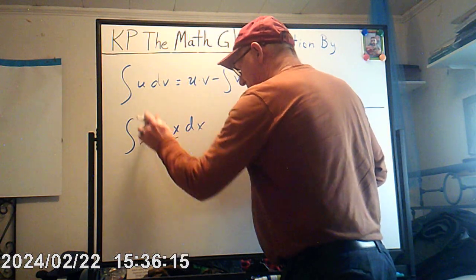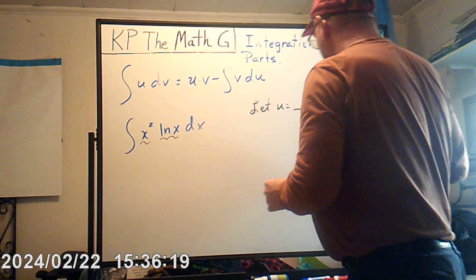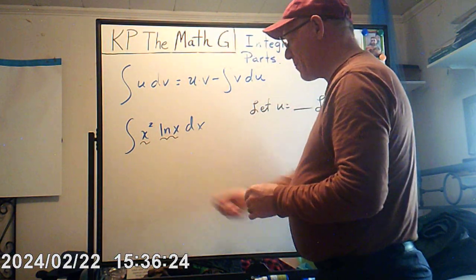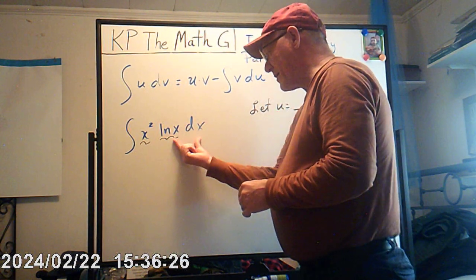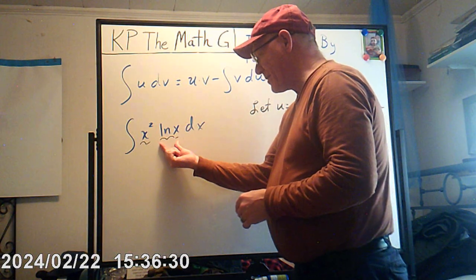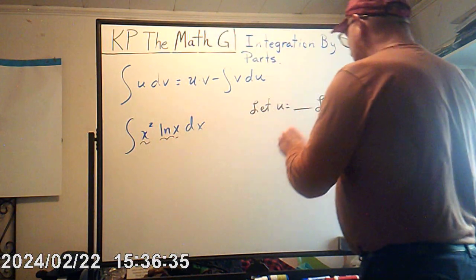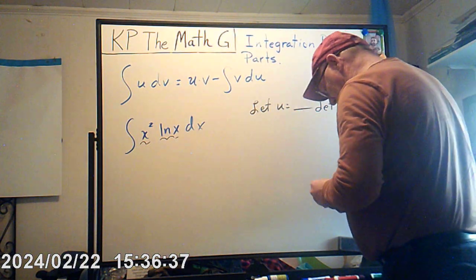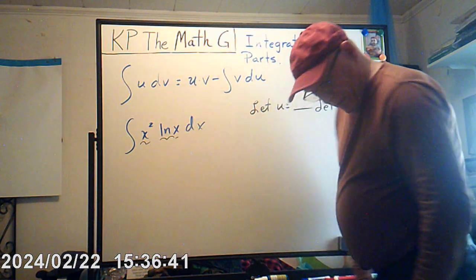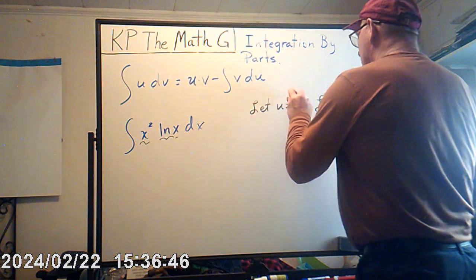If you pick this to be your dv, this will be u. If you pick this to be u, this will be dv. But since it's easy to find the derivative of ln x, I want u to be equal to ln x.